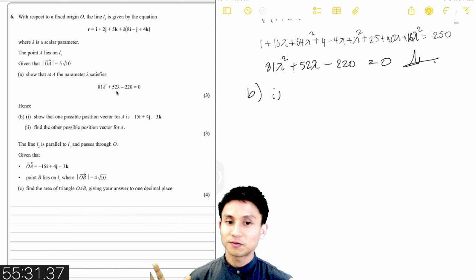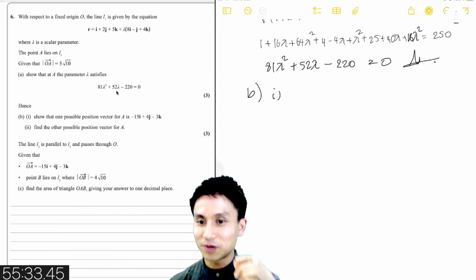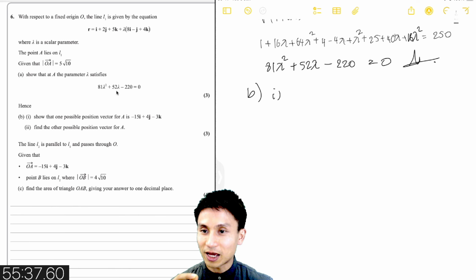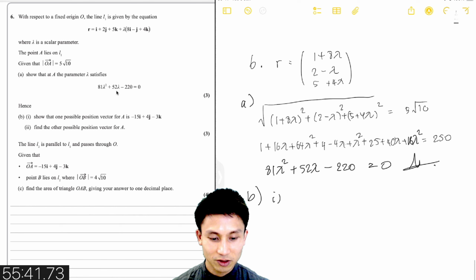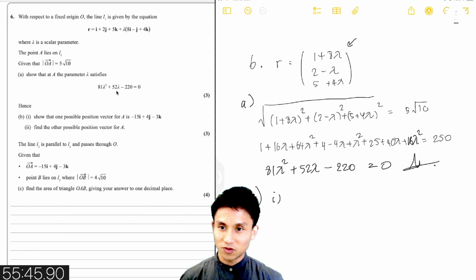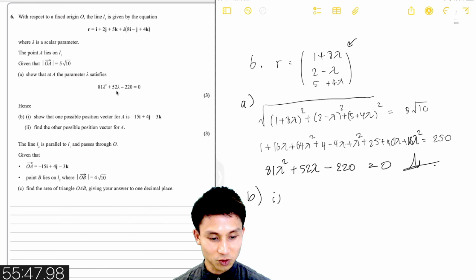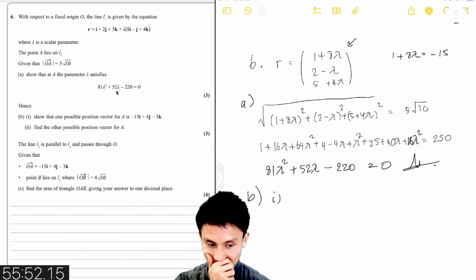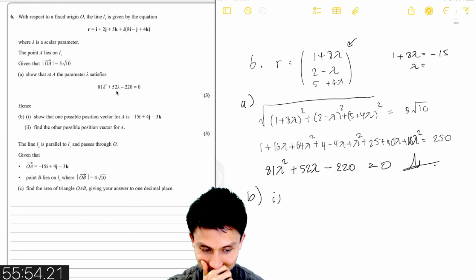So look, if I do it a bit tactically here, because we already know that OA is, hang on, we already know that the position vector is, so we can use this. Because they say that the i component is minus 15. So if we equate this to minus 15, we don't get lambda equals minus 2.